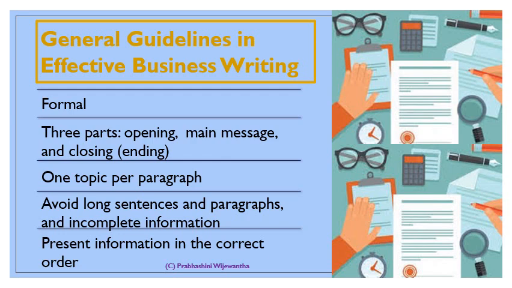Or even in one message, if there are a lot of details to be shared, you can categorize those details and include one topic per paragraph, dividing the body of the document into separate paragraphs. So it would be one topic per paragraph.